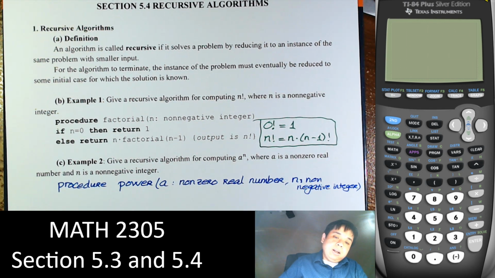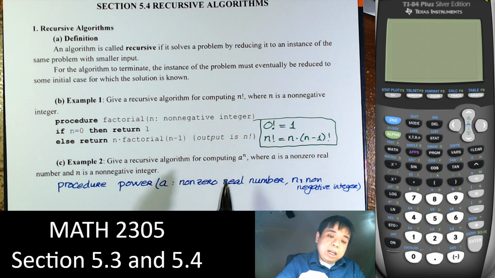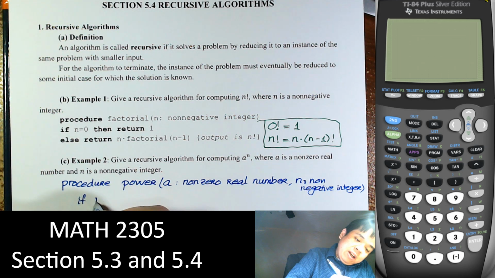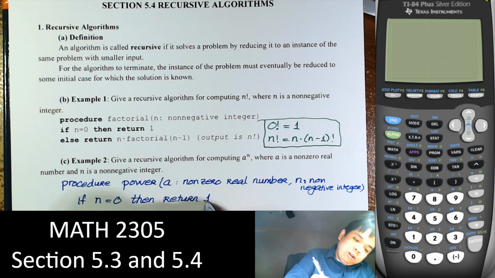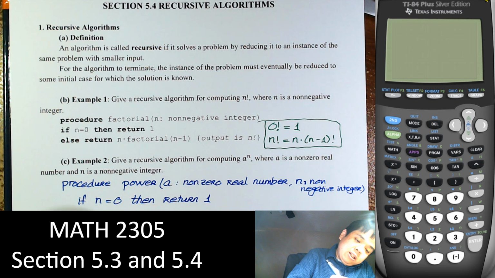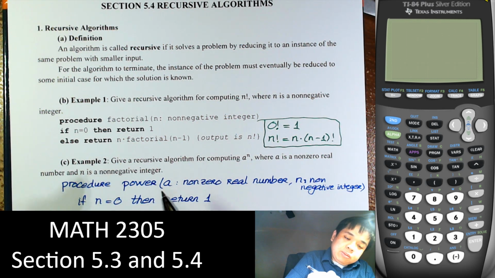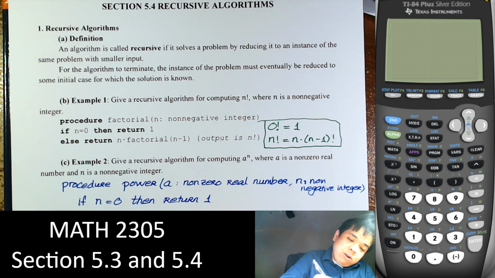Right. So if n is equal to 0, the answer is 1, so we write pretty much the same thing here. If n is equal to 0, then we return the value of 1. Other than that, what we return will be a times the power of a, n minus 1.